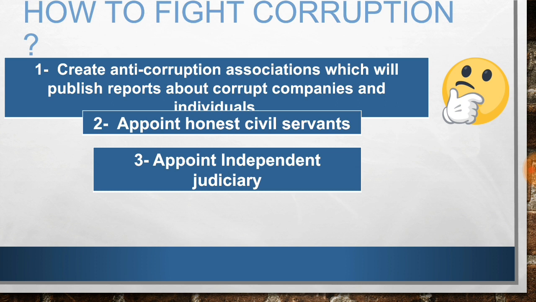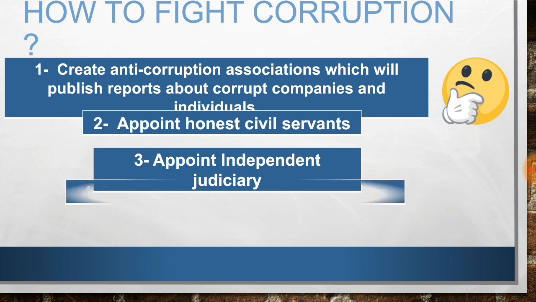It means the judges are appointed by the president, by the prime minister, etc. So we should appoint an independent judiciary, so that judges take the right decisions and punish corrupt officials, corrupt managers, and corrupt companies.